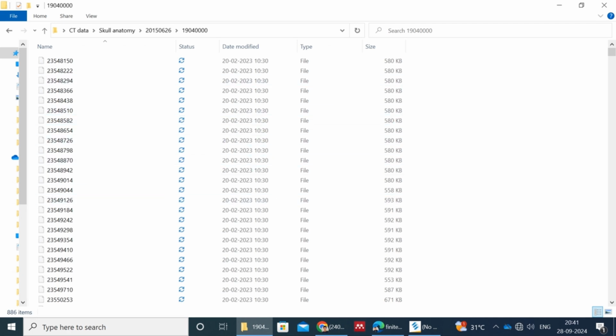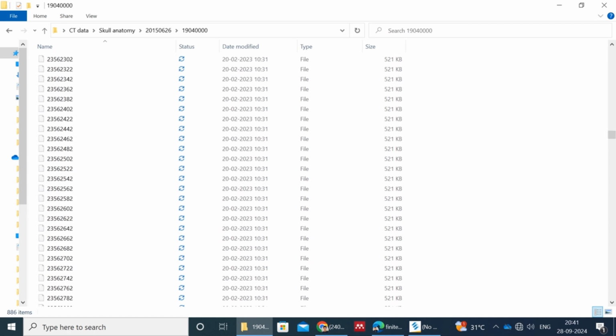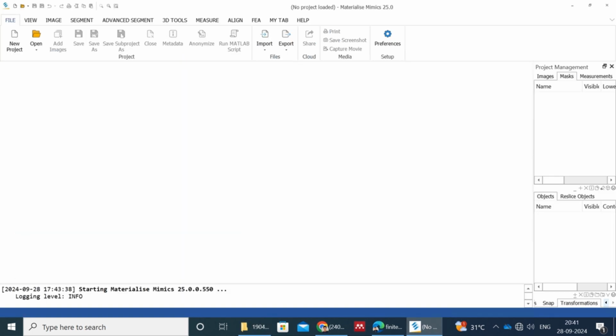So we use this data to segment out the bones. This is the CT scan data for a skull, and in the skull we know there are the mandible bone and hyoid bone. So I will show what the various bones present in the skull are.